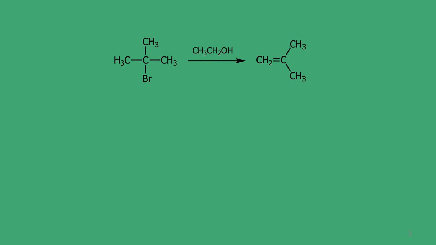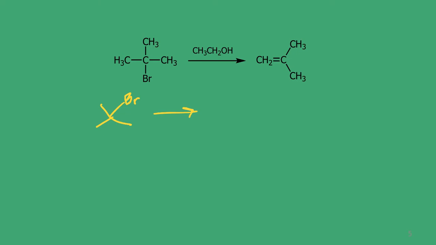So let's draw the mechanism for an E1 elimination of this t-butyl bromide just in ethanol. I'm going to use bond line formulas to illustrate this mechanism.